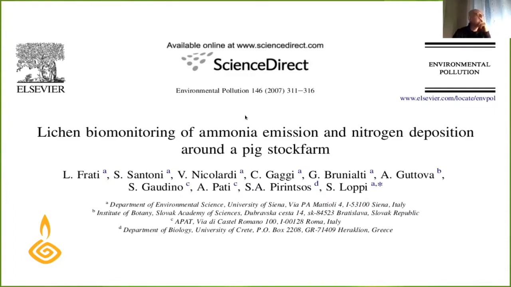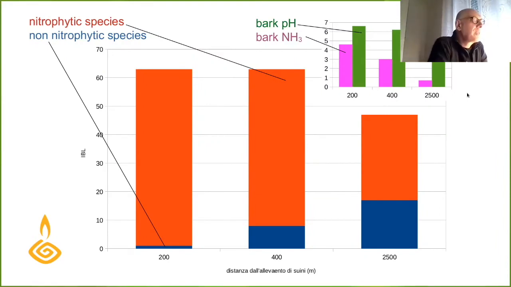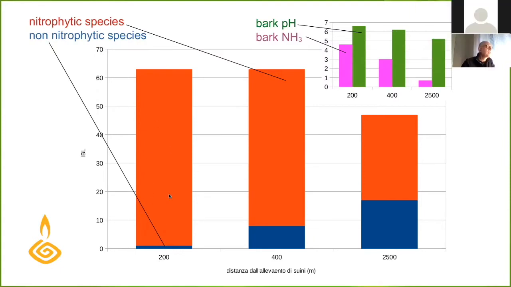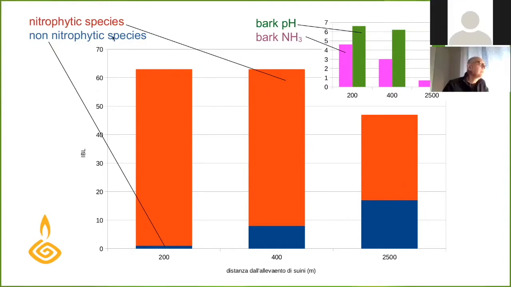What did we find? Very close to the pig stock farm, we had a lot of nitrophytic species, the vast majority, and moving far away from the pigs, we have less ammonia in the air, and the nitrophytic species start to decrease.